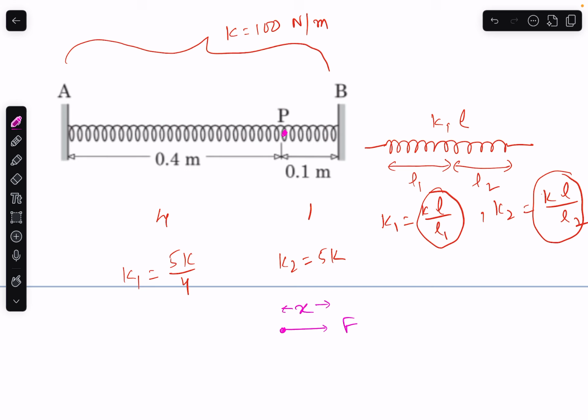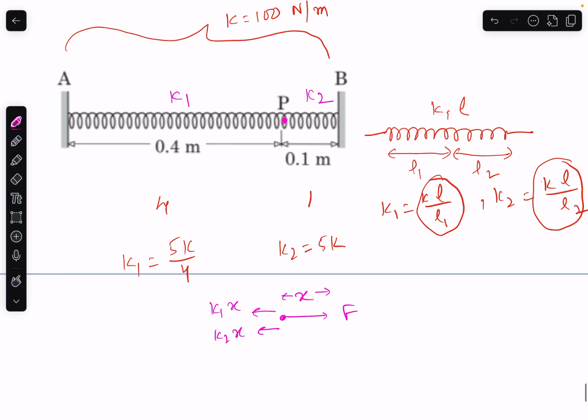This spring constant is K1, this is K2. The spring on the left, K1, will apply a pull force K1x, and the spring on the right will push the point P towards the left, so a force K2x will act to the left. Both the forces due to the springs will act to the left.